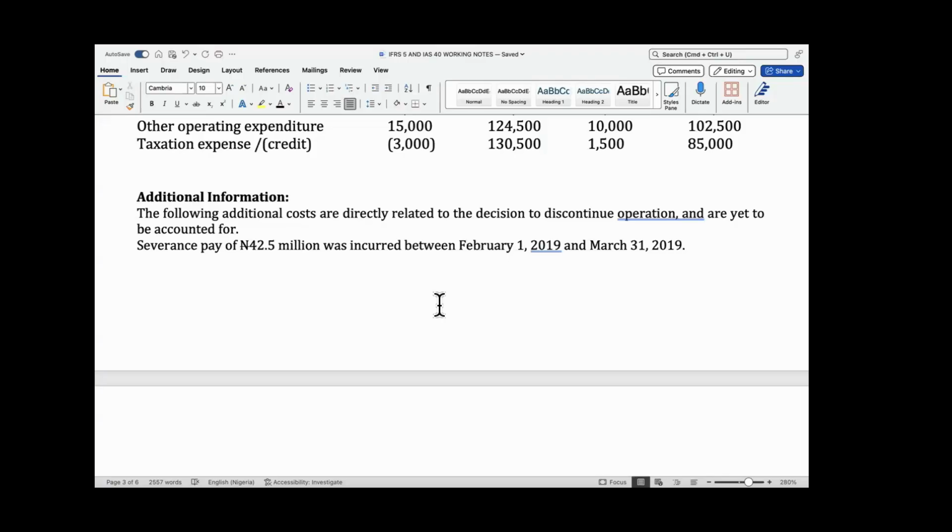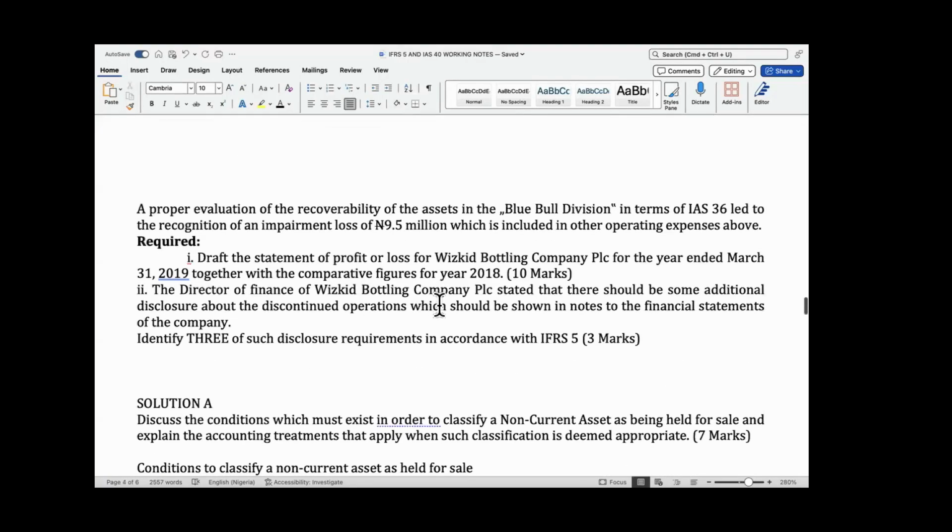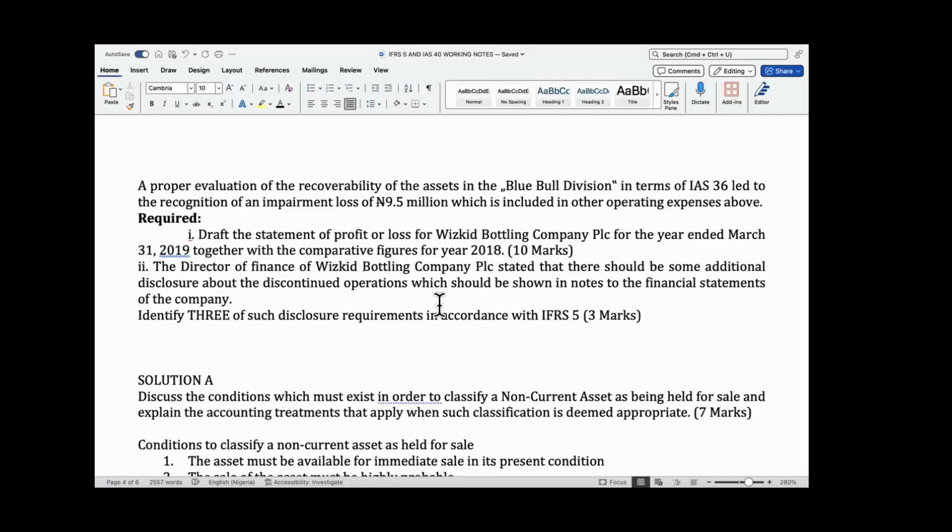Severance pay of 42.5 million was incurred between February 1st, 2019 and March 31st, 2019. A proper evaluation of the recoverability of the assets in the Blue Bull division in terms of IAS 36 led to the recognition of an impairment loss of 9.5 million, which is included in other operating expenses above.